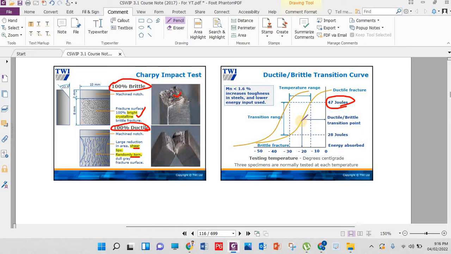It means that in the paper, with the reducing temperature, the material becomes brittle. At 0 degrees it was ductile. At minus 50 degrees it is completely brittle. At 20 degrees the state is converting from ductile to brittle.